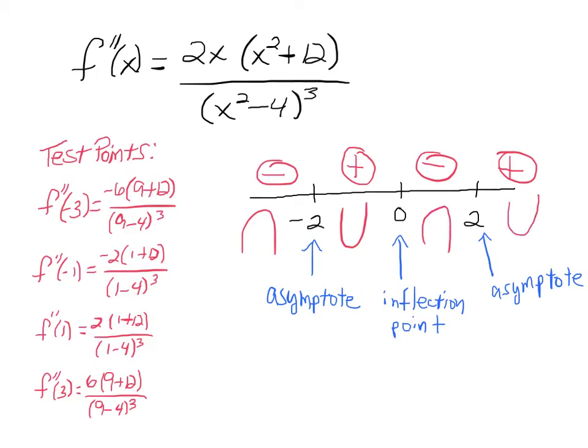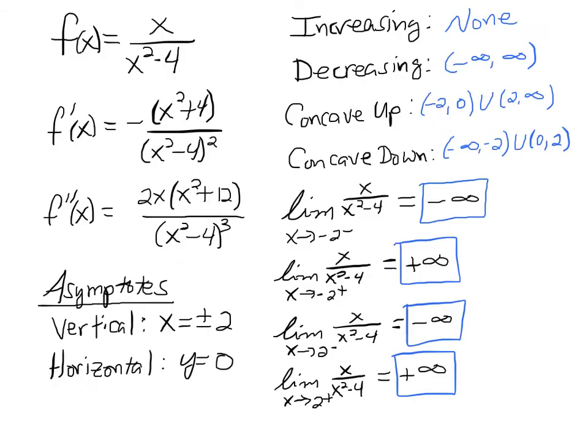All right, let's go to the summary. It may seem like I've ignored what's happening with the first derivative, but it's actually easy to do the sign analysis there, so I saved it to the end. It's never increasing, so I put down that there's no interval of increase, and you can actually see that. X squared is positive, 4 is positive, so x squared plus 4 is certainly positive.